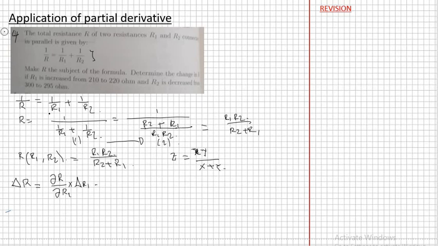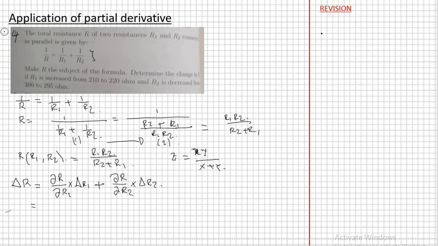Since we have 2 variables, we're going to have 2 terms. The second term will be the partial derivative of the function R with respect to R2 multiplied by the change in R2. So the next step is to find the partial derivative of the given function.